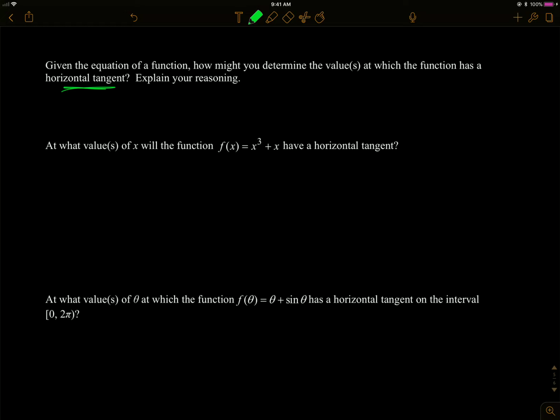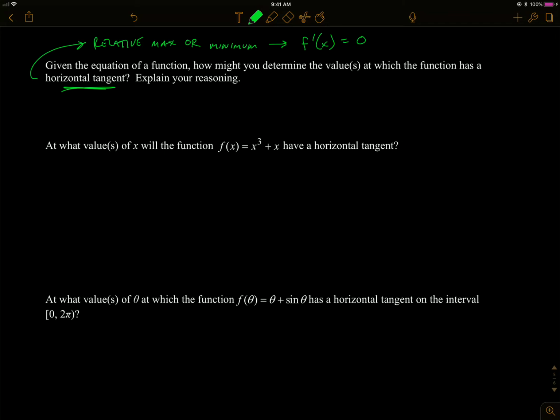Horizontal tangent line means that there's a relative maximum or minimum at that spot on the graph, and that would mean that the derivative of that function would have to be equal to 0. So that's how we can find if there's a horizontal tangent line. We're looking where our derivative equals 0.